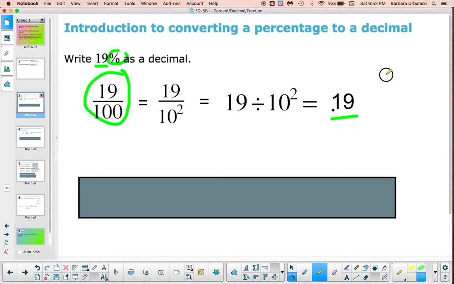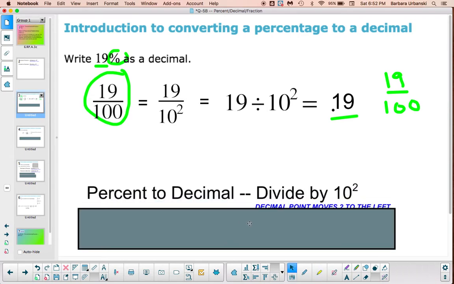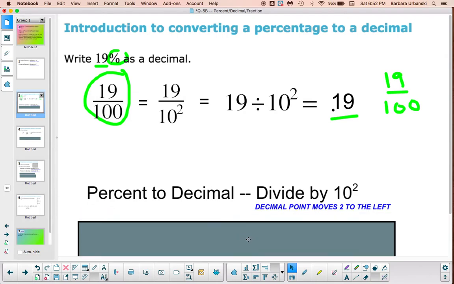It would be 19, and then if you look at what place value it is, tenths, hundredths, there you'd have your hundredths, which is the same thing. If you know how to read 19% as 19 over 100, you would have gotten the same answer. And if you are given a percent, you are going to divide by 10 to the second power. That's what we did.